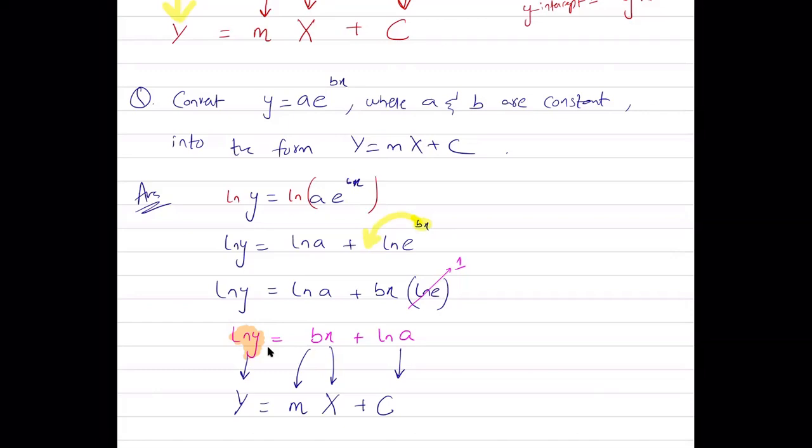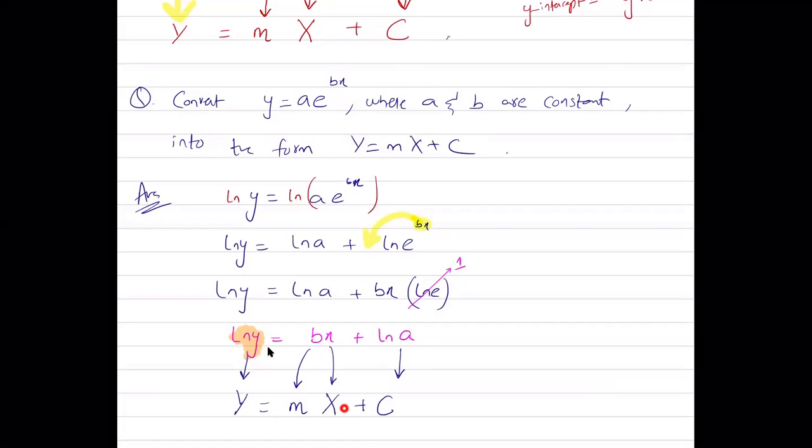The two important things that you should note over here: the variables capital X and capital Y, in the form of y equals mx plus c, must contain only the original variables x and y. These should never contain the constant values a and b.